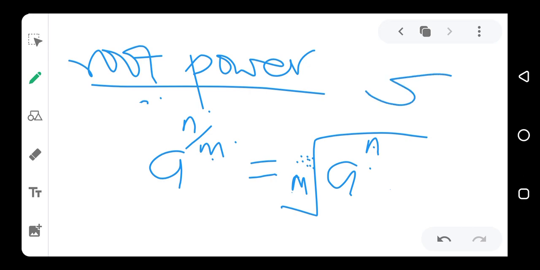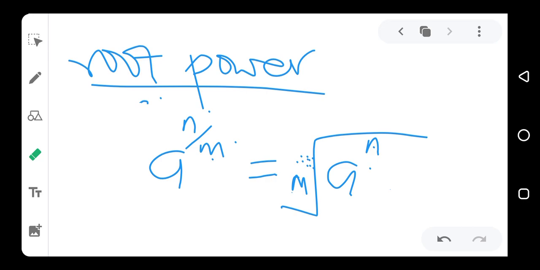But when it is from 3, 4, 5, that is from cube root. To show cube root, you must put the 3. For 4th root, you put 4. For 5th root, you put 5. For 6th root, you put 6. But when it is 2, you don't write anything.